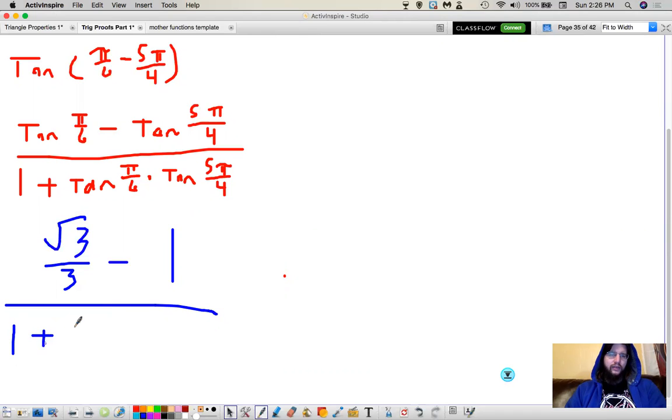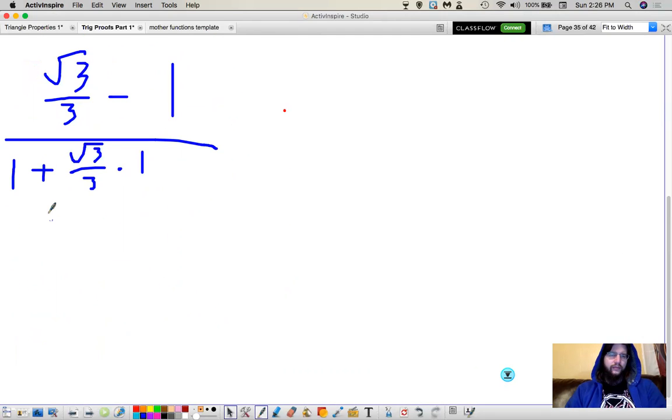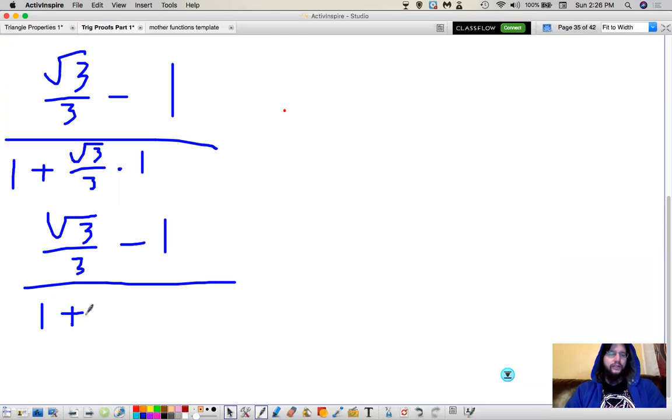So let's plug it in the bottom. Simplify it a little bit. So after you do the multiplications, for my class, I'll let you just type this in the calculator.